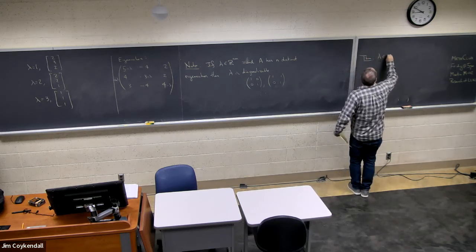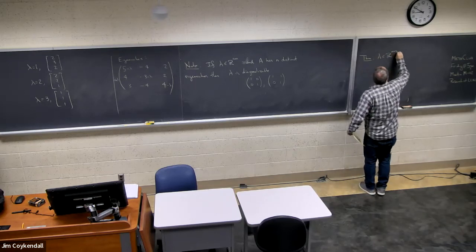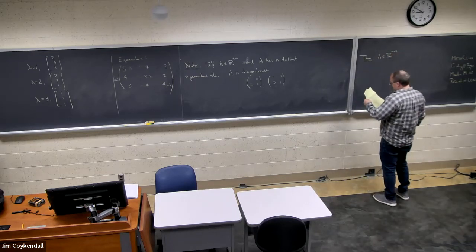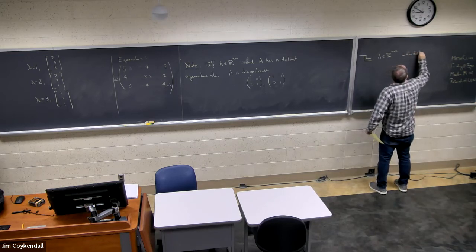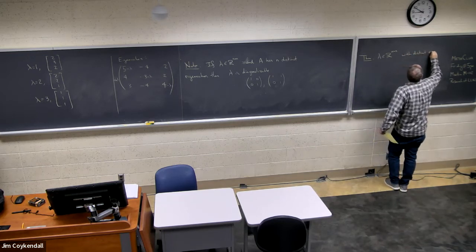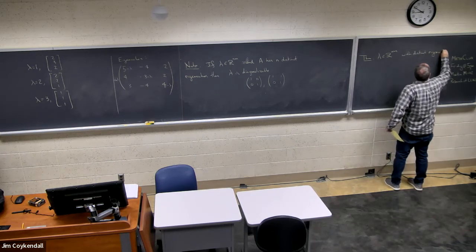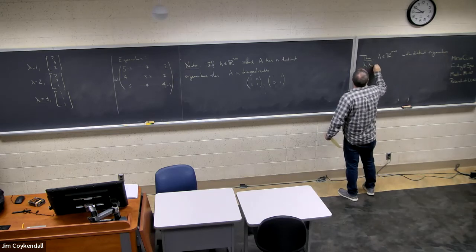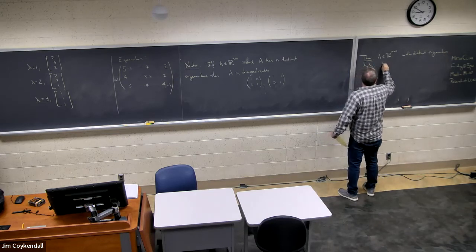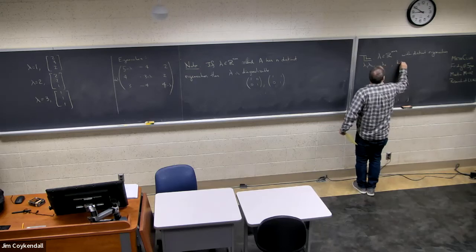Let A be an n-by-n matrix with distinct eigenvalues lambda 1, lambda 2, up to lambda k. So these are all different.